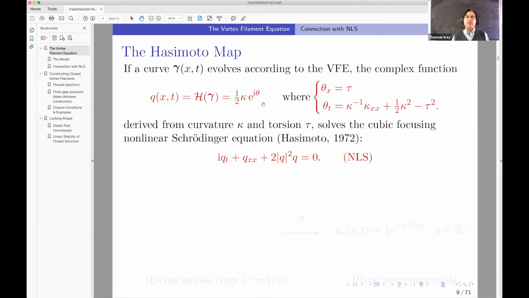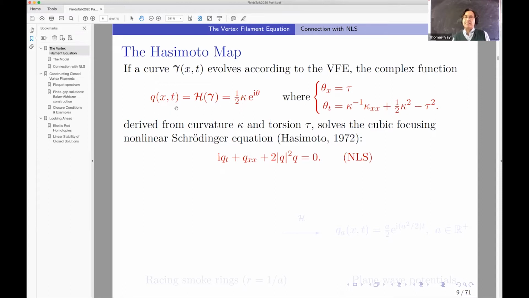And we package curvature and torsion into a single complex-valued function of x and t by doing the following. If you think about it in terms of polar coordinates, the magnitude of that complex function is the curvature, and the argument is an antiderivative of the torsion, and then times a factor of 1/2, which some people put in, some people don't.